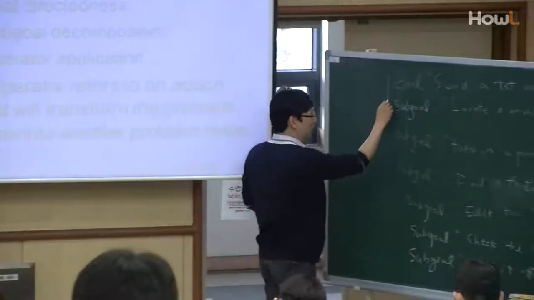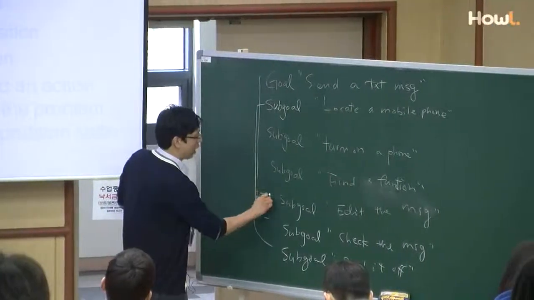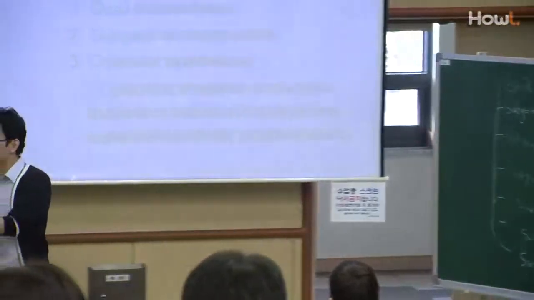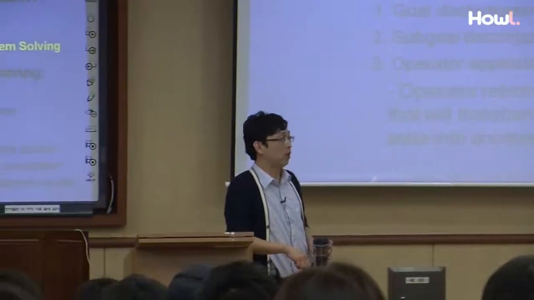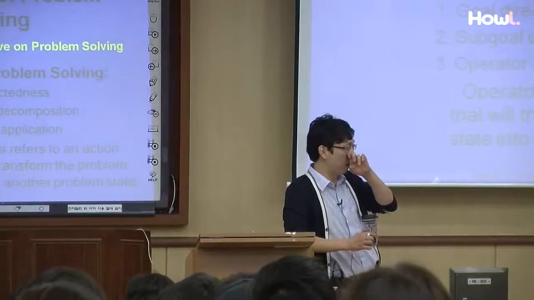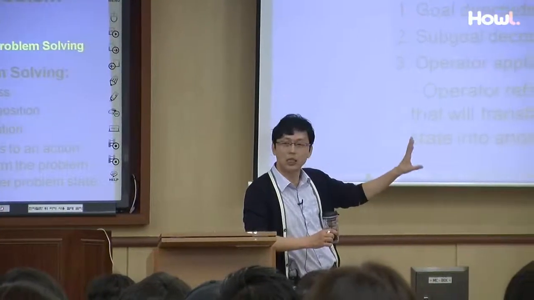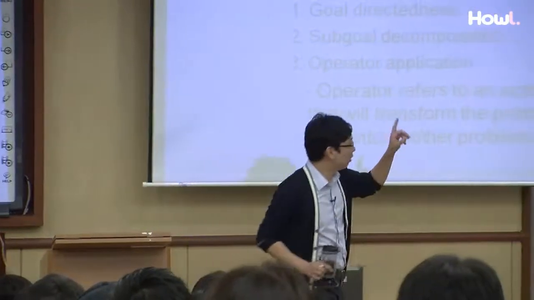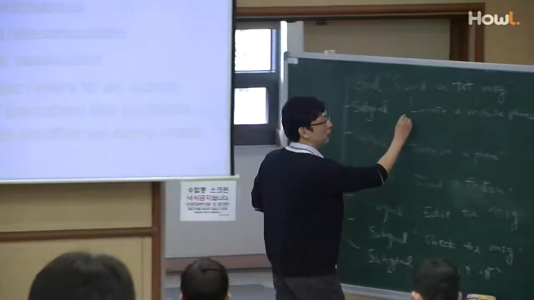So this is pretty much automatic because we have expertise. This is a very simple sub-goal decomposition. But actually, when we do studies about problem solving, many people use these kinds of procedures. So that is a major goal and sub-goals.